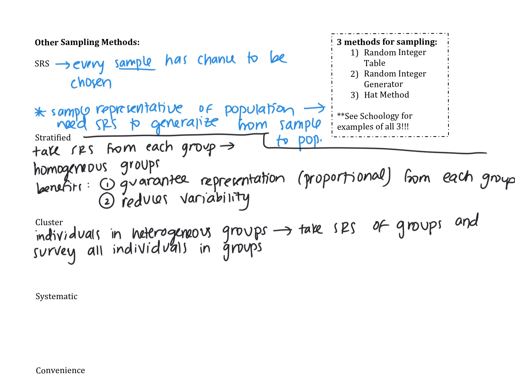So your population is broken up into heterogeneous groups. So all of the groups should have a good bit of diversity in them with regard to what's being studied. You take a sample of those groups. So maybe you choose 3 groups, but you survey everyone in the group. At Prospect, I think it's kind of hard to think of heterogeneous groups with regard to amount of time spent on homework.